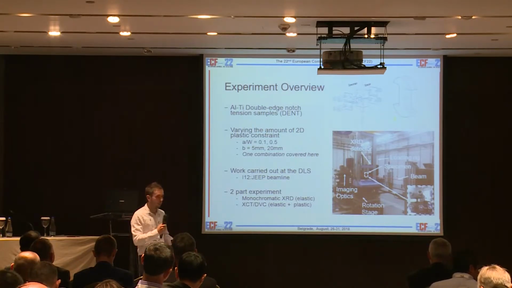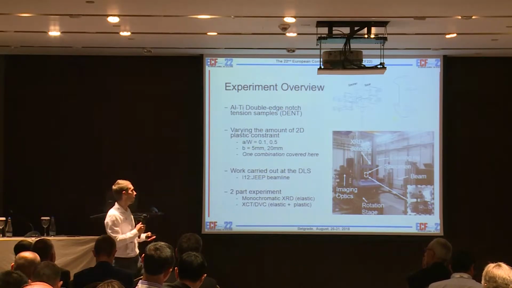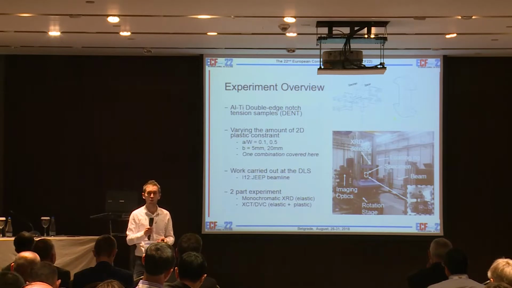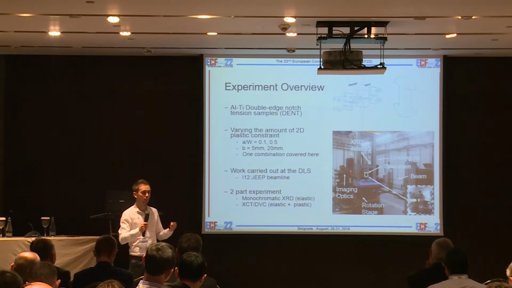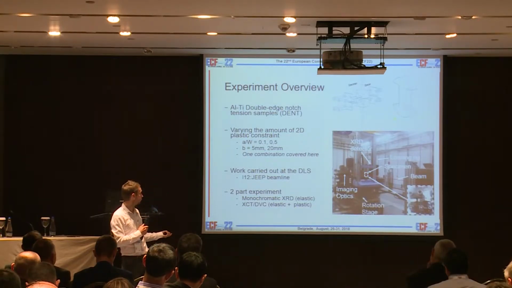And so the diffraction measurements were to look at the elastic strain and also the elastic strain energy release rate, and the imaging optics was for computed tomography to look at total strain and total strain energy release rate, which is the aim of this, really.